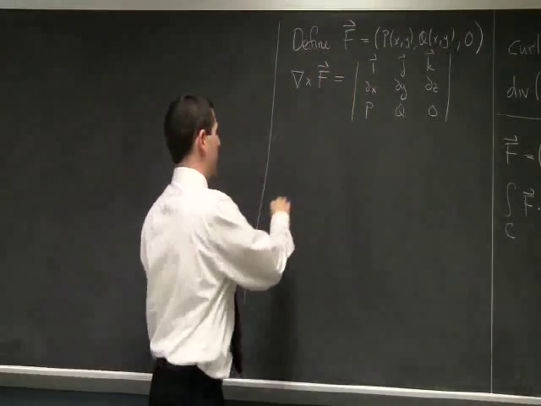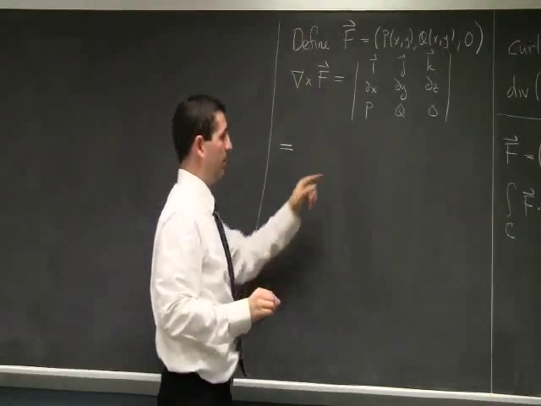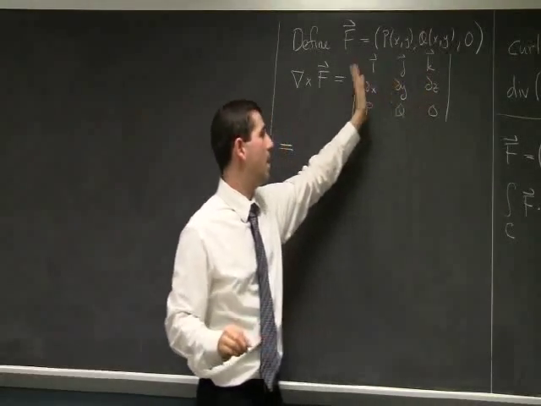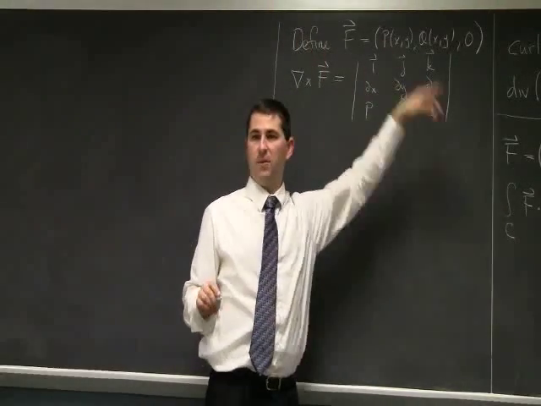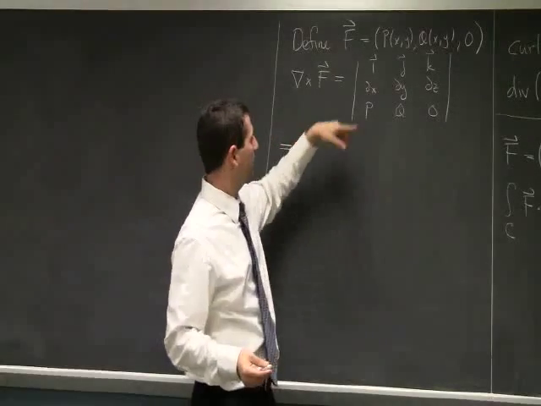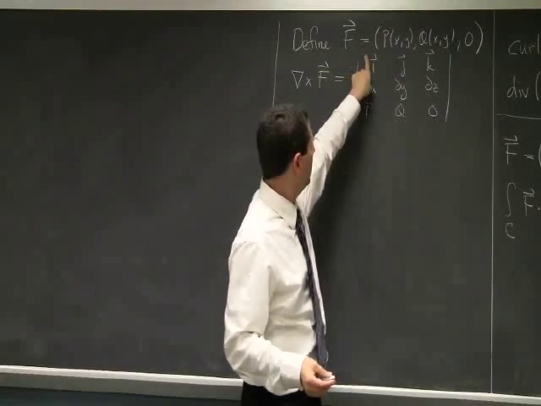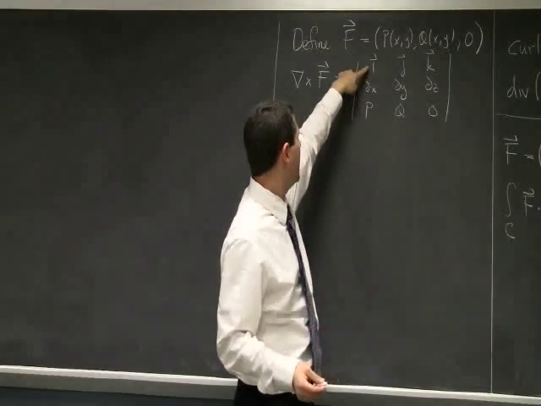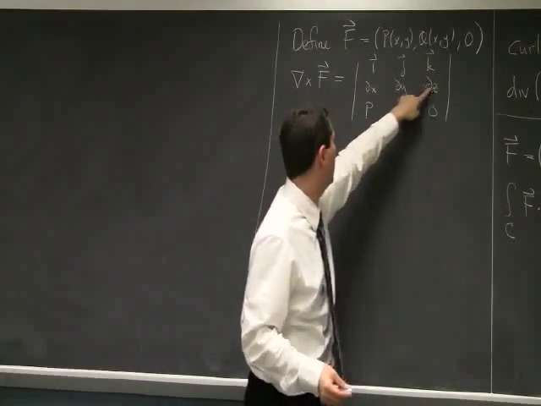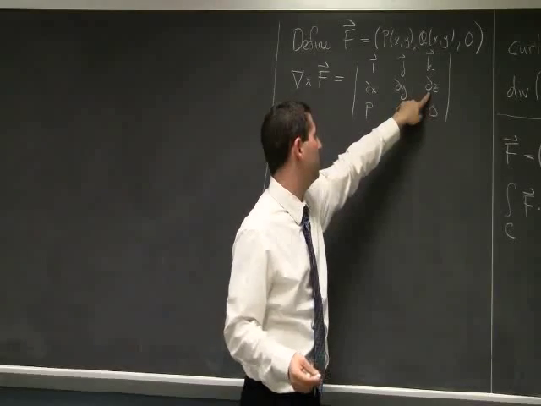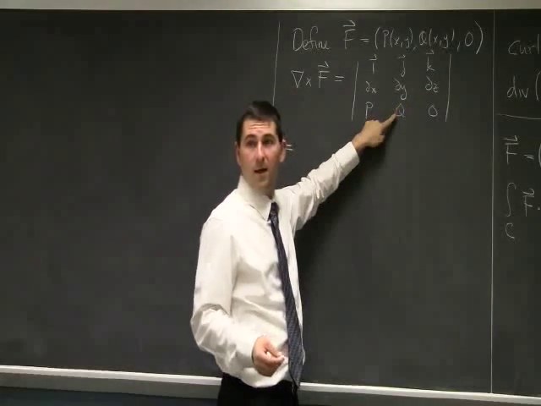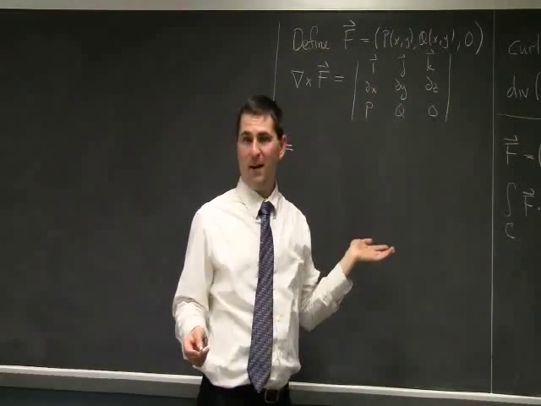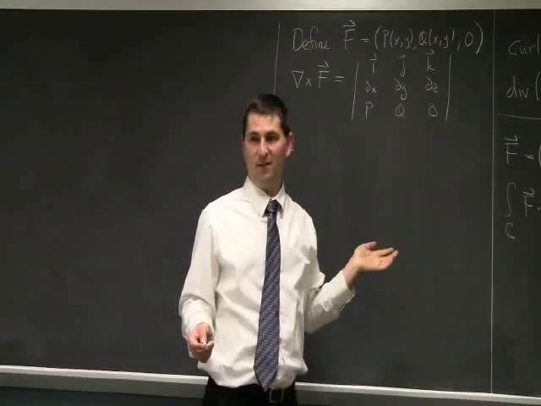Okay, and these bars, remember, mean take the determinant. And the way we take the determinant of this 3 by 3 matrix, well, we could expand on a row or a column, or we could just use that crosshatch method. And I kind of like the crosshatch method, so let's do that. So if you go this way, you get a 0, so there's nothing for that i. And if you want to do the i the other way, you go this way and here. So you have to take the partial derivative of Q with respect to z. But Q is a function of x and y, so what happens when you take the partial with respect to z?